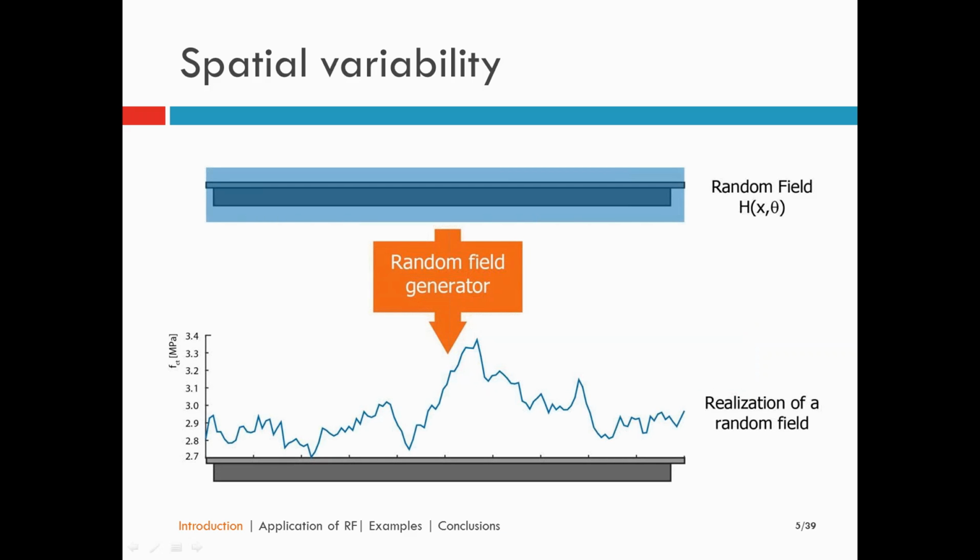A distinction has to be made between the description of the random field as a mathematical concept and the realization of a random field. From the mathematical description, we need a random field generator to get a realization of a random field to do a calculation. There are different random field generators to do so, and I've compared some of them, and I will show some results of that later on. The different random field generators are also made available in Diana.